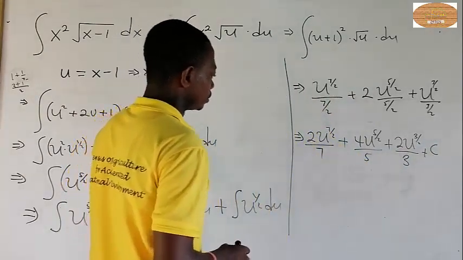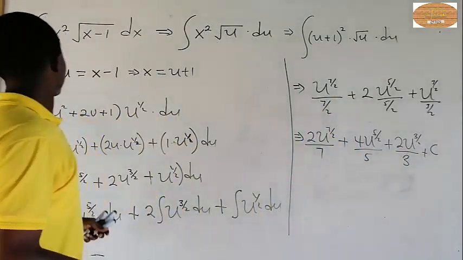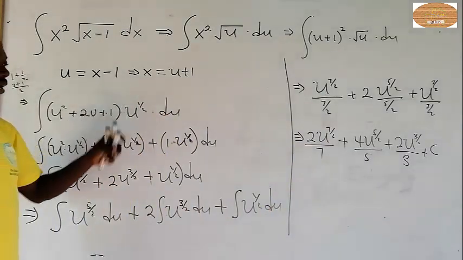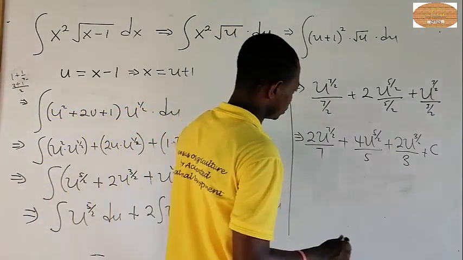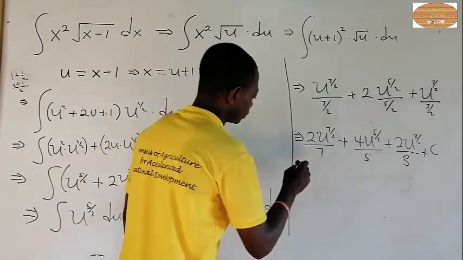Now you know our u. We said u is x minus 1. So where you see u, you can put x minus 1 there.